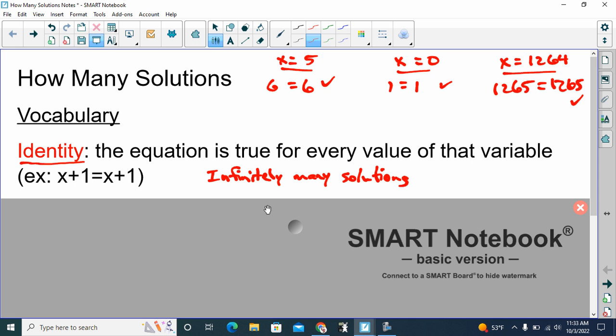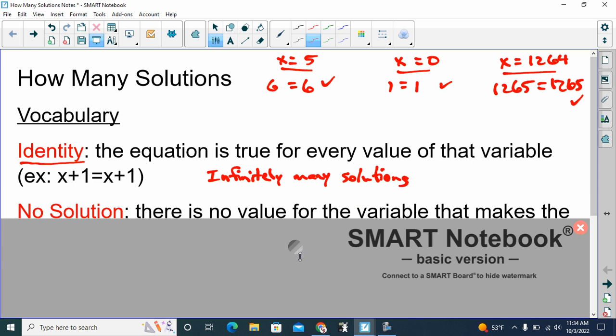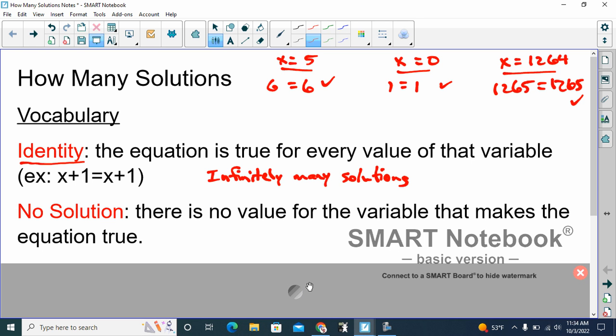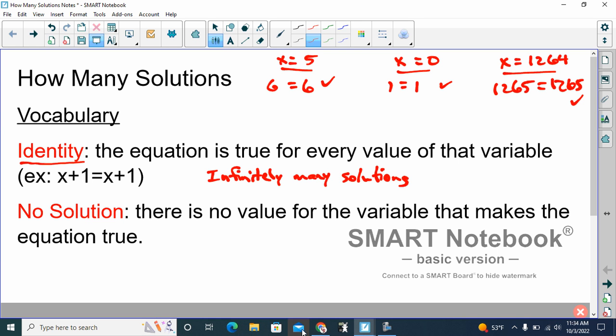It is possible to have infinitely many solutions. We could also have no solution. We would have no solution if there is no value for the variable that makes the equation true. There is no solution. So if we are asked how many solutions a linear equation has, it's possible we have one solution.